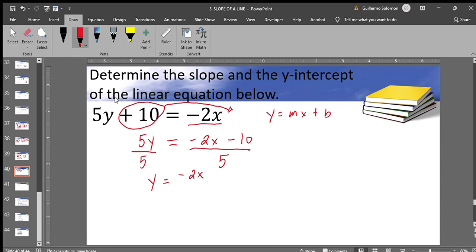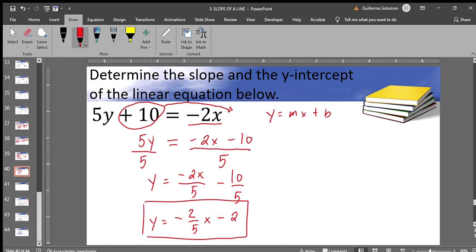Negative 2x over 5 and minus 10 over 5. Simplifying it, y is equal to negative 2x over 5. Negative 2 over 5, that is in the lowest term na. So here is negative 2 over 5x. And then negative 10 divided by 5, you will get negative 2. So this is our slope-intercept form.